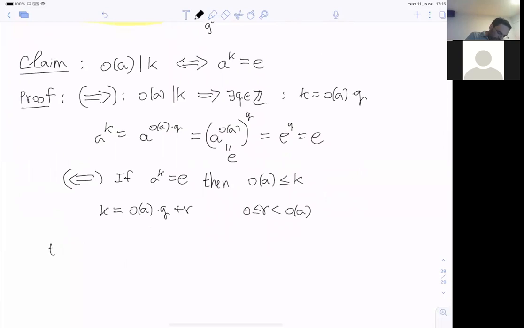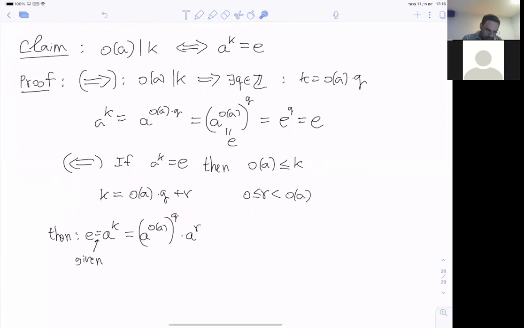And then we get that A^k is given to be E, but we can write it also in this way, because this is K, but this is E. So we get A^R equal to E, and this is a contradiction because OA should have been the minimal, unless R is 0.